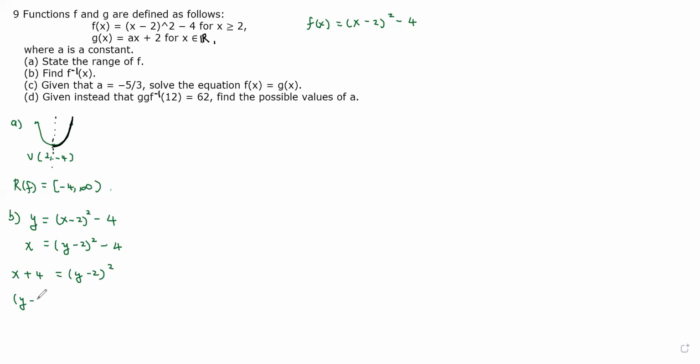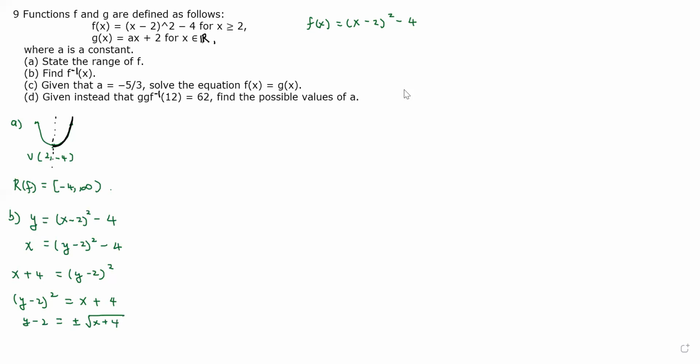We can say that the square of (y - 2) is x + 4. Taking square root, y - 2 is the positive and negative square root of x + 4.